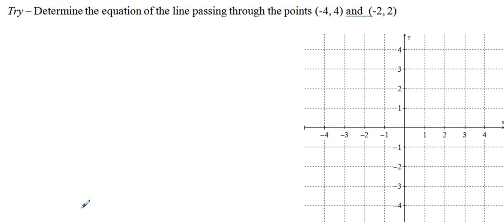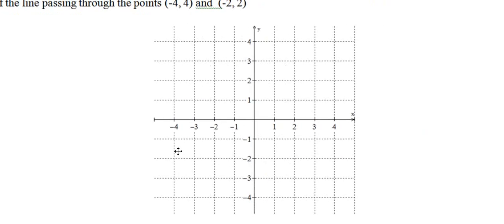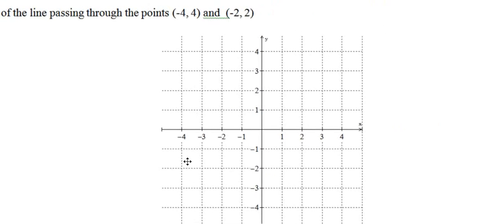Okay, so let's determine the equation of the line passing through the points (-4, 4) and (-2, 2). So we're just going to do our first step, which is plot these points. So -4 and 4. There we go. And -2 and 2. So those are my 2 points.